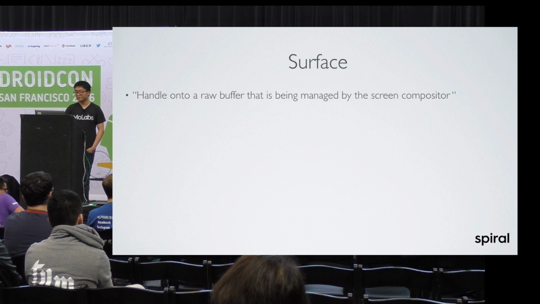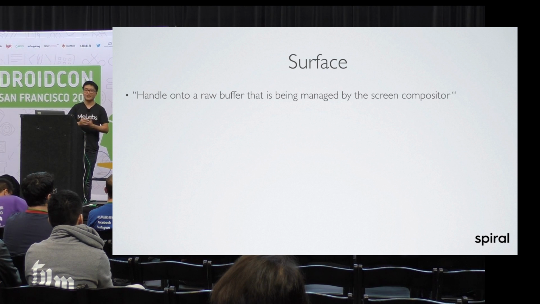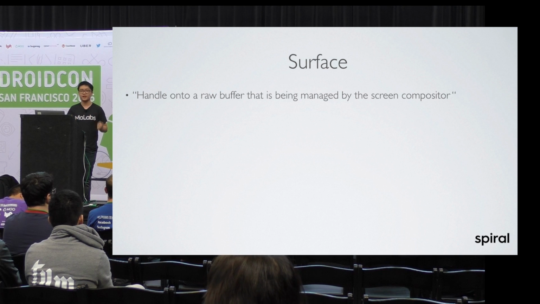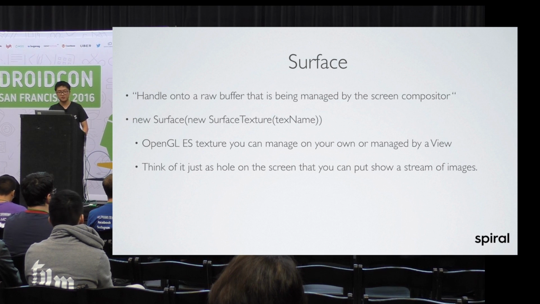I talked about surface just in case people don't know what a surface is. It's a handoff onto a raw buffer that's been managed by the screen compositor. So think about it as a hardware layer that is managed for you by the screen compositor, and all you do is put a stream of images on it. You can make a new surface if you have a SurfaceTexture.